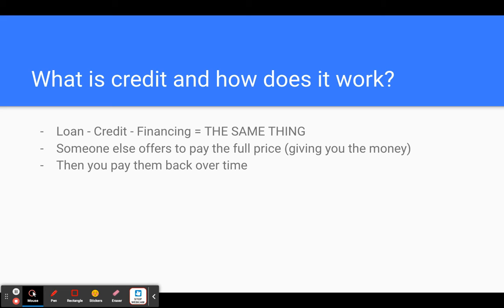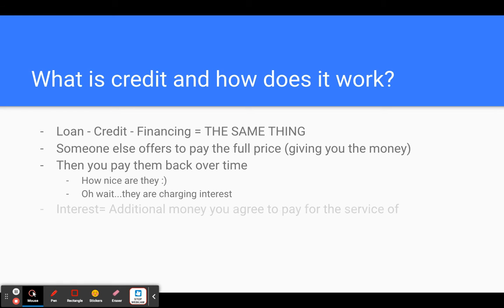That could be 1 year, that could be 5 years, that could be 30 years. Seems really nice of them, but they're charging you interest as well. Okay, interest is the additional money you agree to pay for the service of borrowing money. Okay, so you agree to pay that so that you can borrow money from them then.